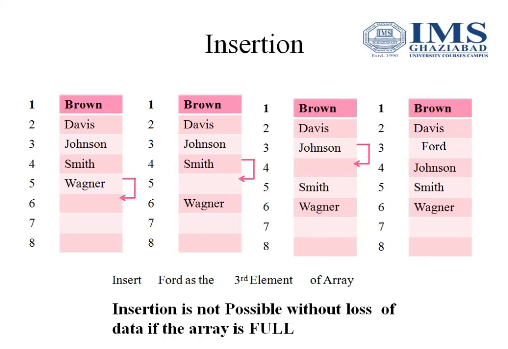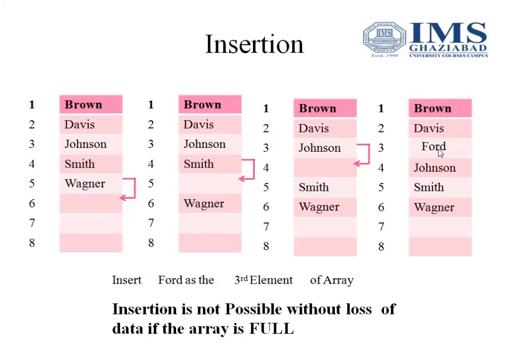I'm saying downward because on the upper side Brown and Davis are already there, and there is no space on the above side. So the only option we have is to shift the elements downwards. Wagner will shift to location 6, then Smith will shift to location 5, Johnson will shift to location 4, and now the space at location 3 is empty.